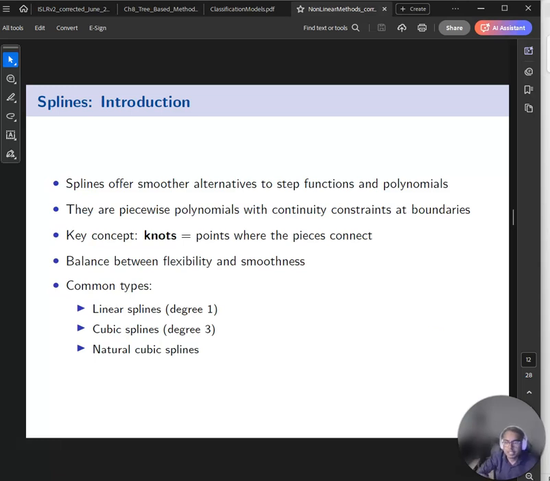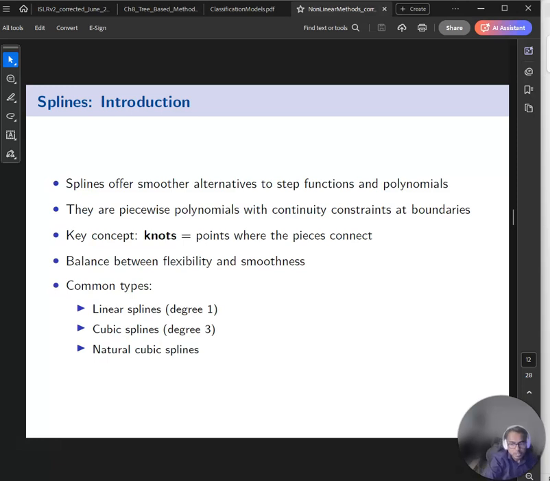Splines represent a significant advancement in our nonlinear modeling toolkit. They offer smoother alternatives to both step functions and global polynomials, combining the best aspects of each approach. At their core, splines are piecewise polynomials with continuity constraints at the boundaries.